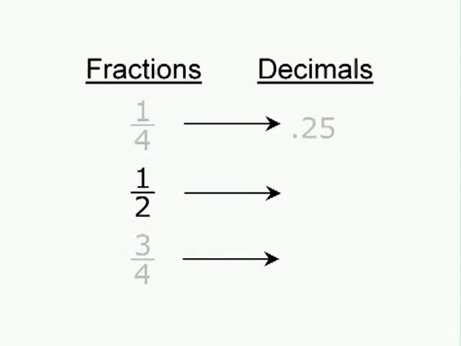Next, we place the decimal point in our answer directly above the decimal point in our problem and perform regular division. 2 divides into 10 evenly 5 times with no remainder, so we don't have to go any further. Correct. You've just written the fraction 1/2 as a decimal number 5/10.